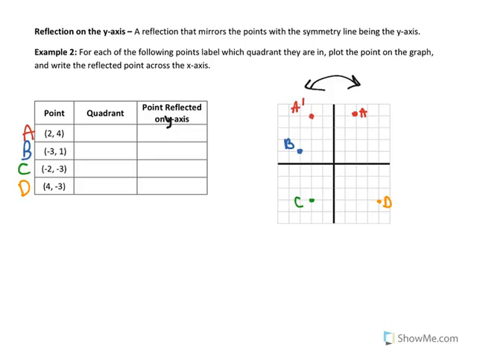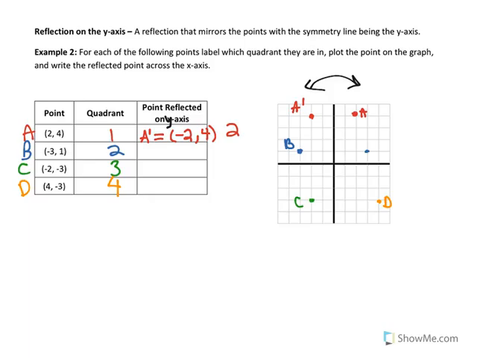We're going to call that our A prime. Now our A prime is going to be at -2 and 4, and it went from quadrant 1 to quadrant 2.